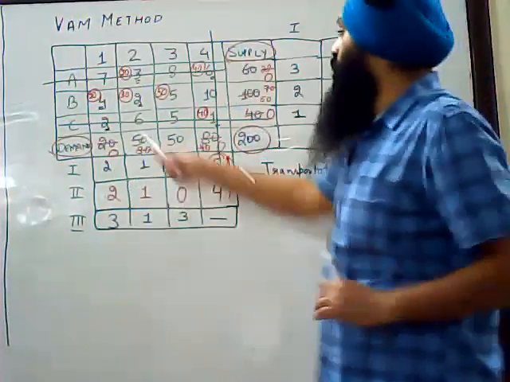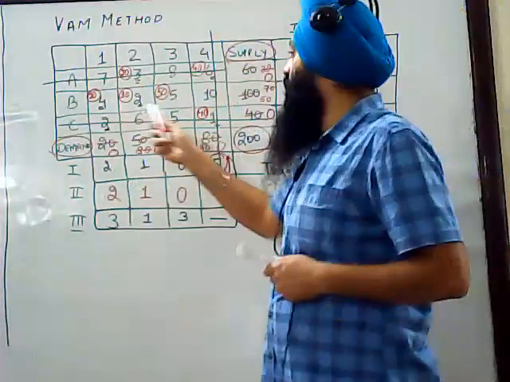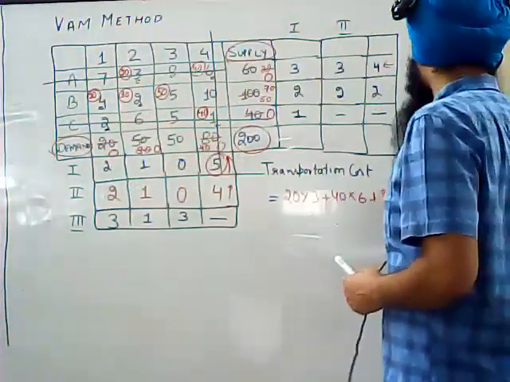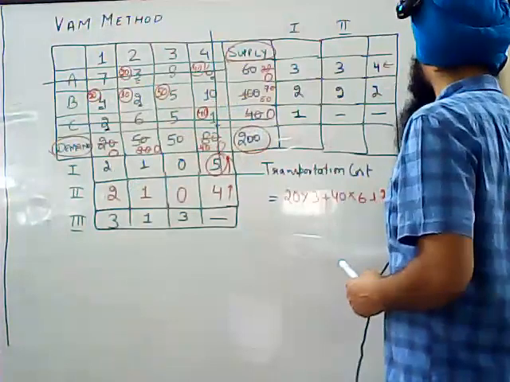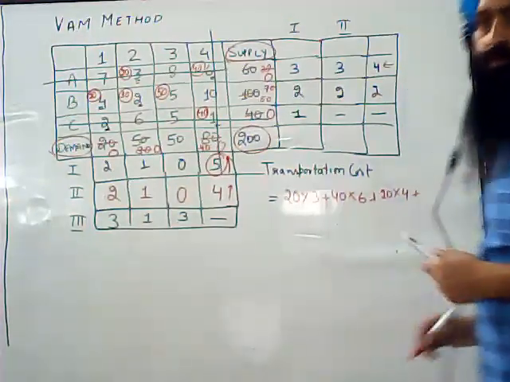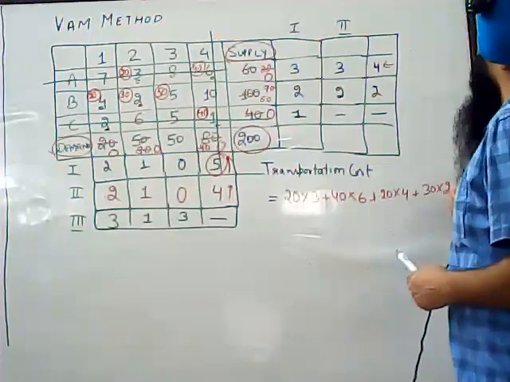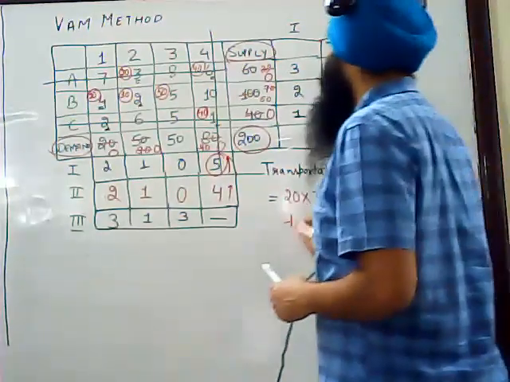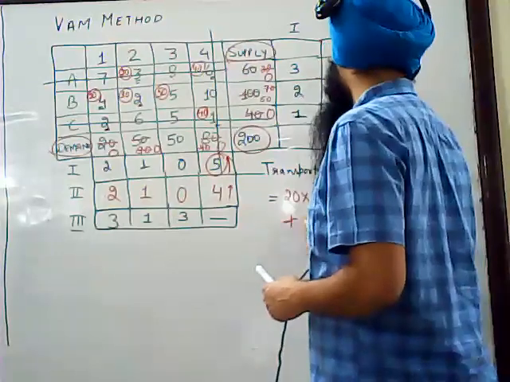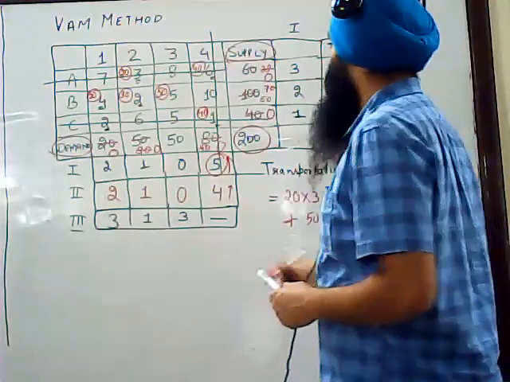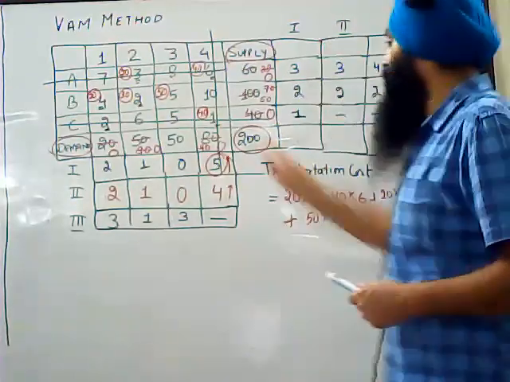In the second row, 20 into 4 plus 30 into 2 plus 50 into 5, plus 40 into 1.